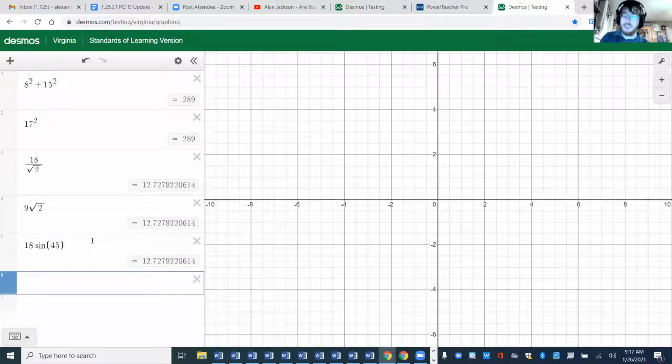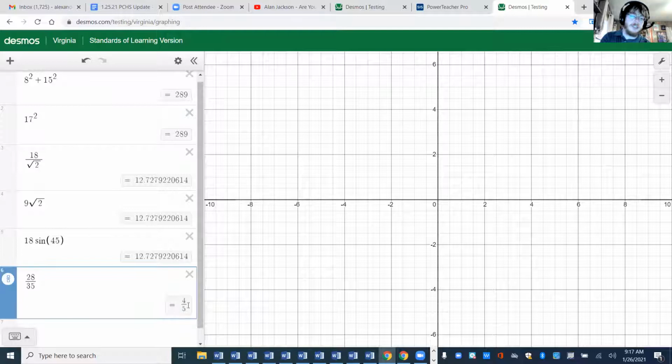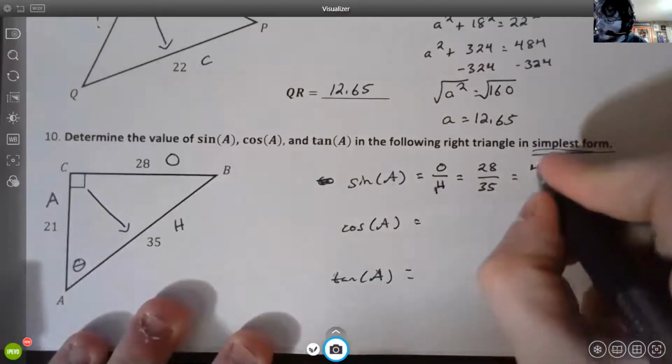In Desmos, you type in 28 over 35, and it gives you the decimal 0.8. We're going to see if that can be simplified. There's this circle with a fraction bar here. You click that, and it simplifies it to 4 over 5. If it gives you the same thing, it just meant it was in simplest form before. So this is equal to 4 over 5.